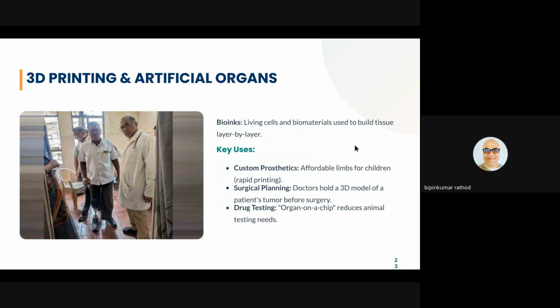So this is one of the great examples. You can create 3D limbs, 3D fingers, 3D voice box. It creates a replica of what exactly it looks like and the structure of that particular organ in your body.